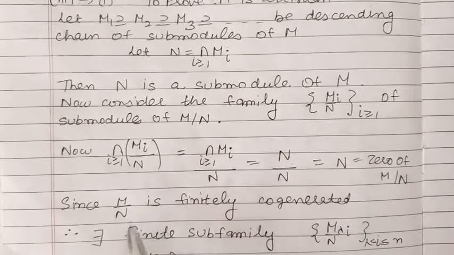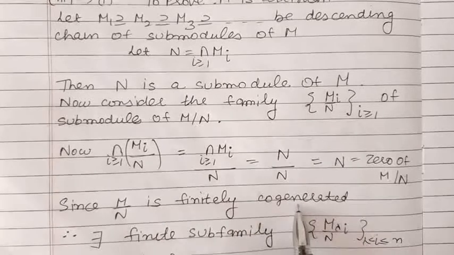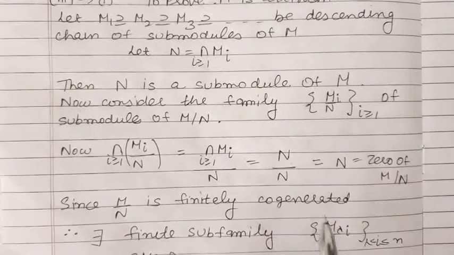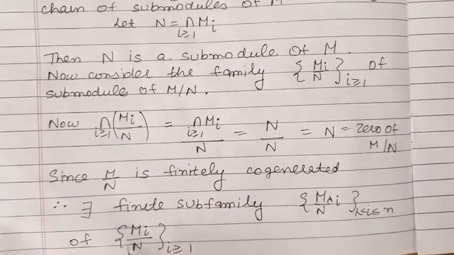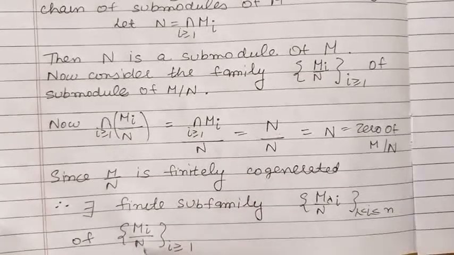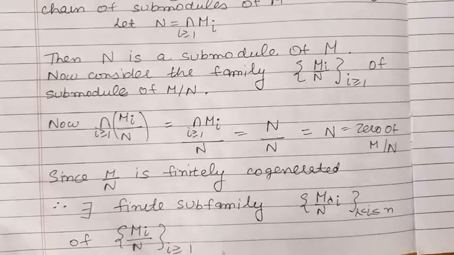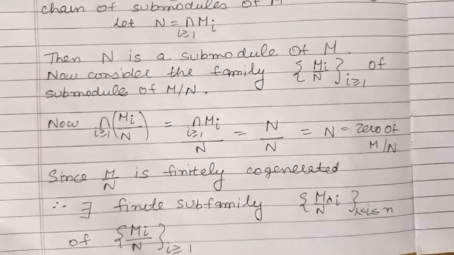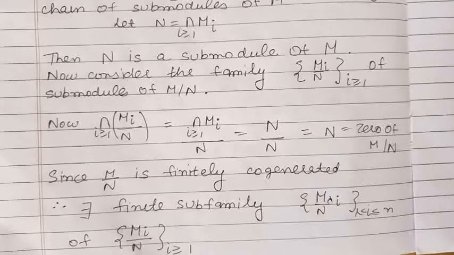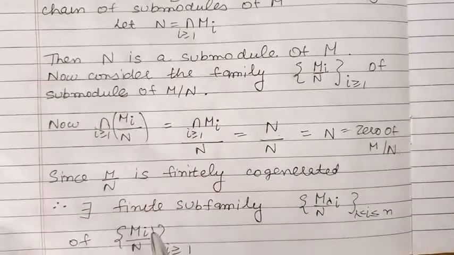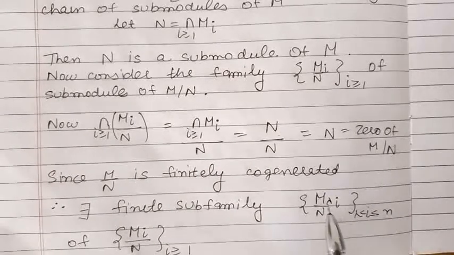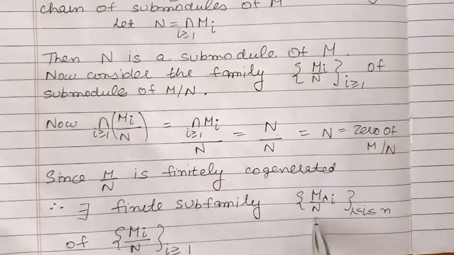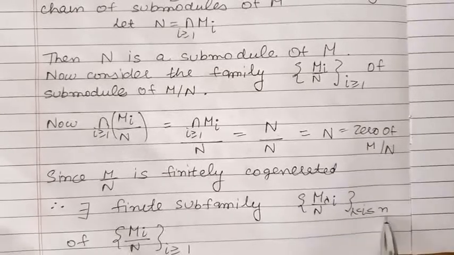Now because we are given M by N is finitely co-generated, by the definition of a finitely co-generated module, there will exist a finite subfamily of the family consisting of the modules Mi by N, such that the intersection of members of the subfamily will be 0 of M by N. That finite subfamily we have denoted by the collection consisting of the modules M lambda i by N, where i varies from 1 to n.